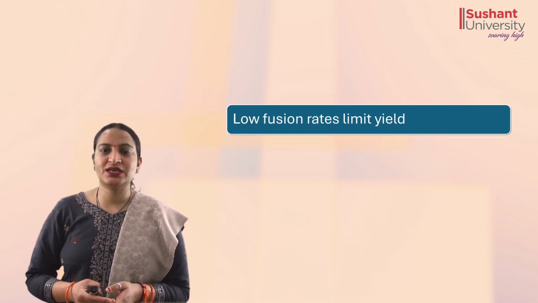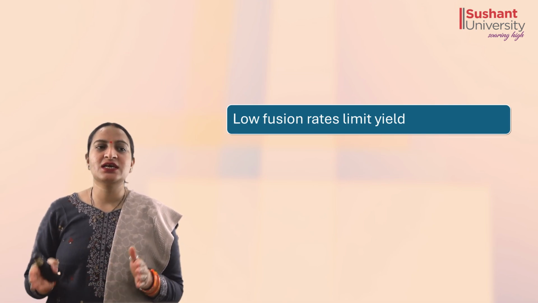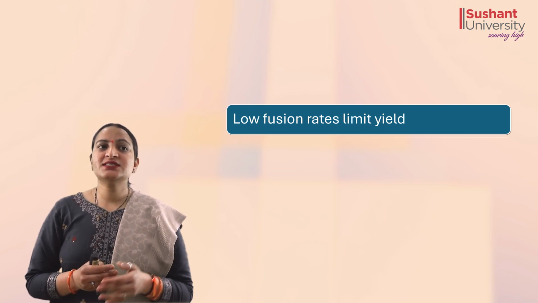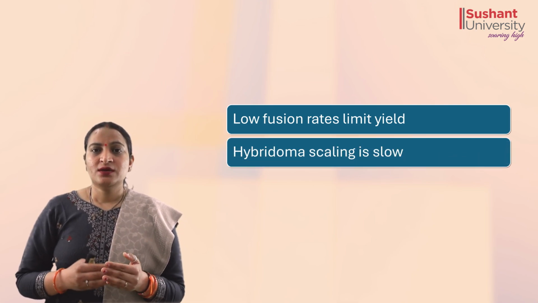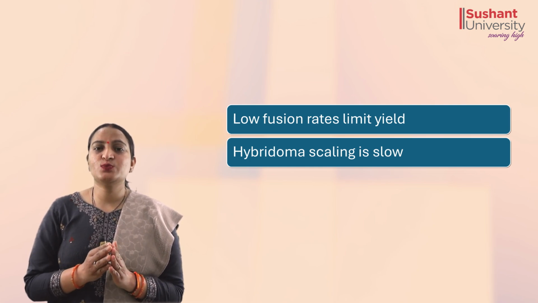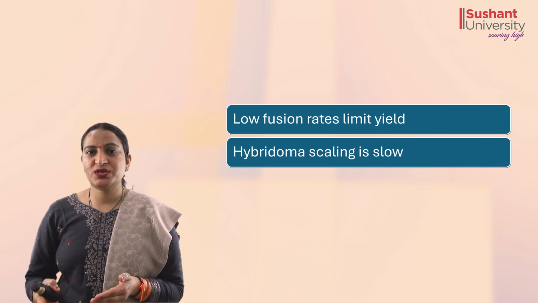So let's move to the next part, technical challenges that we may encounter while dealing with this hybridoma technology. First one is low fusion rate. Since we are fusing two cells, myeloma cells and the beta cells, their fusion rate is very low. So this is a limiting step to us. Next is the hybridoma screening is slow. When we deal with HAT media or ELISA test, that process is very slow and time consuming. Next is hybridomas may lose traits.